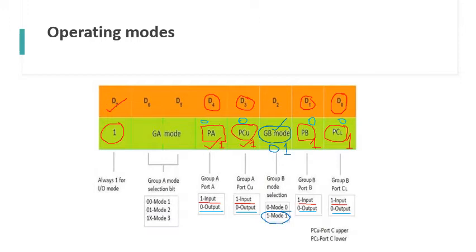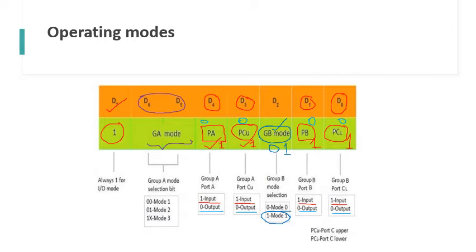The bits D6 and D5 are used for the selection of groups. We have two groups, group A and group B. Which group is selected and in which mode it is going to operate is decided by means of these two bits.